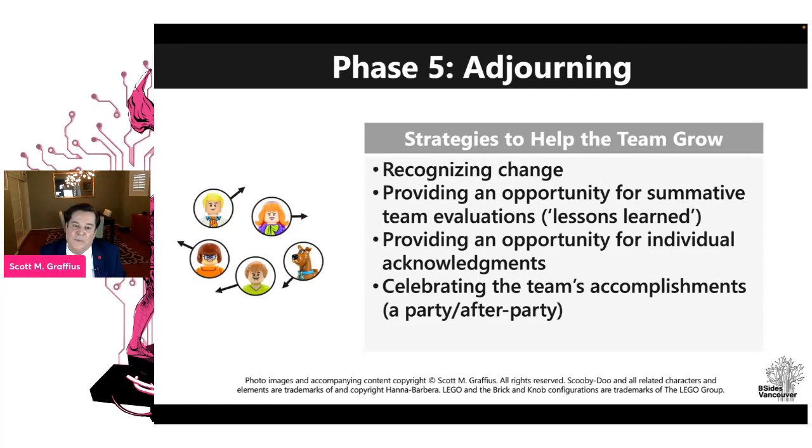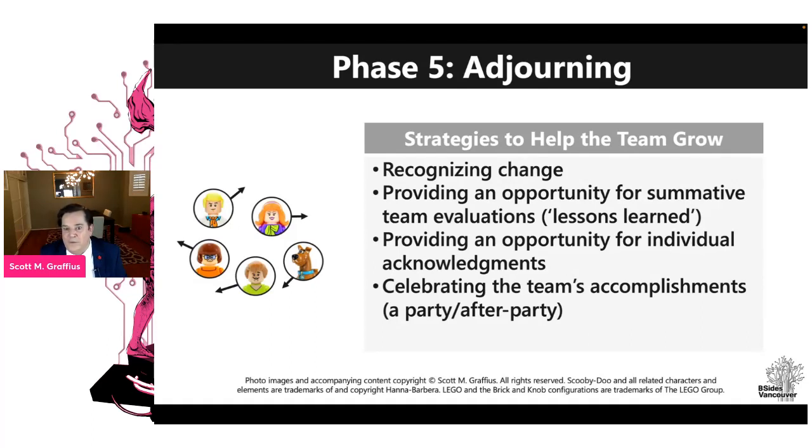And here I want to jump to the last bullet point, celebrating the team's accomplishments. The literature is very clear on this. This has a big impact. The part that surprised me the most, and it may or may not surprise you, is the following.